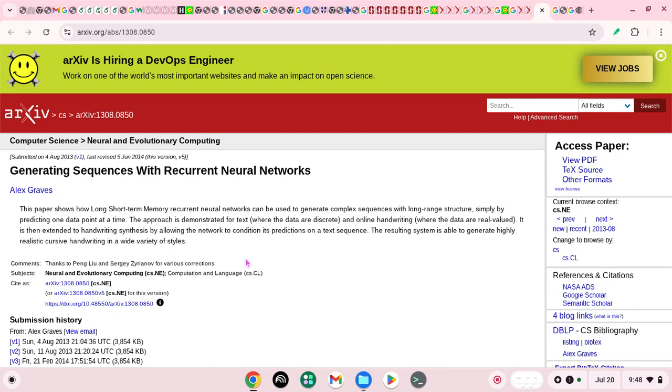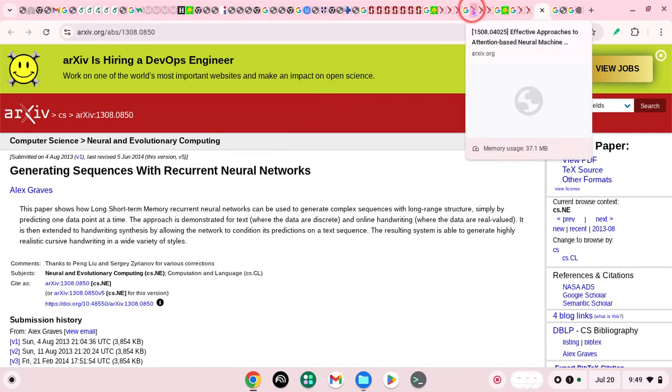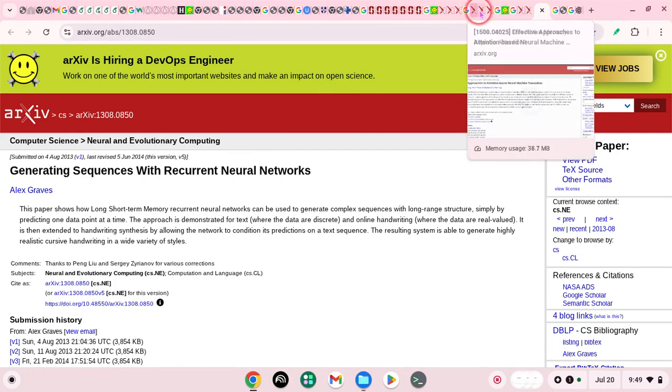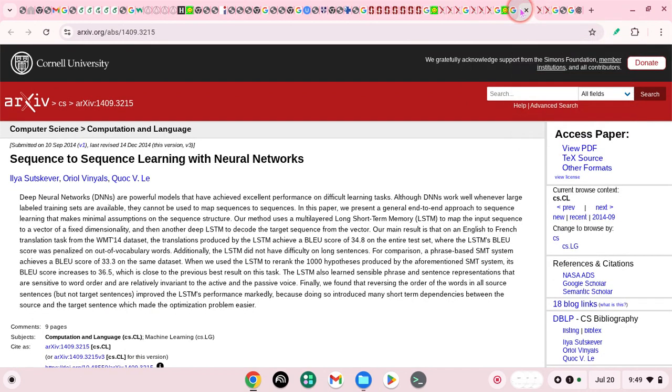Coming to natural language processing, natural language processing tasks are modeled as sequence-to-sequence modeling tasks, where neural network architectures like LSTM and recurrent neural networks were utilized.